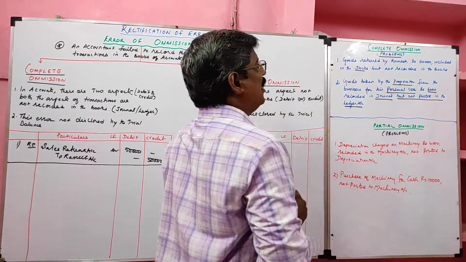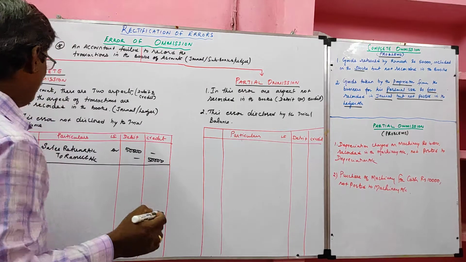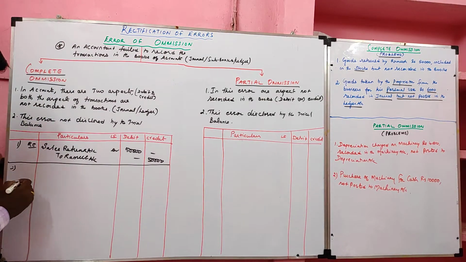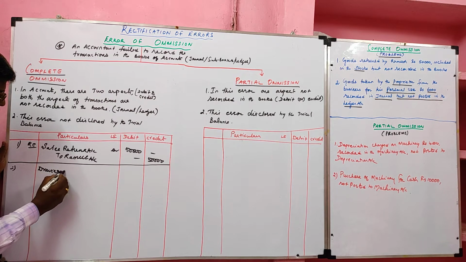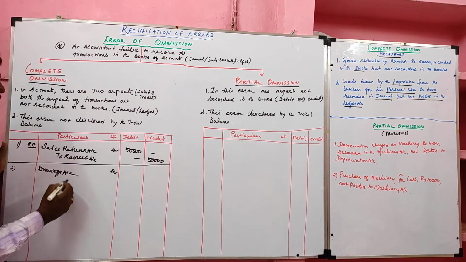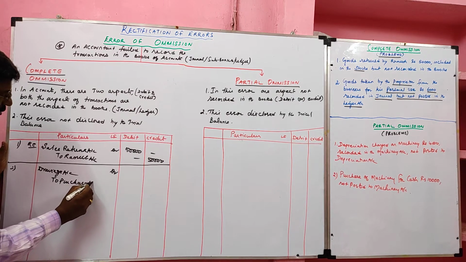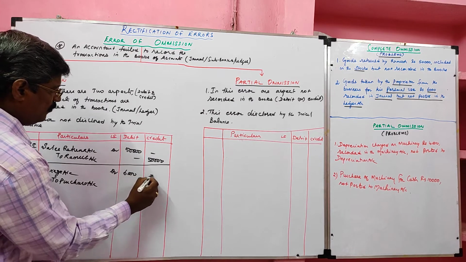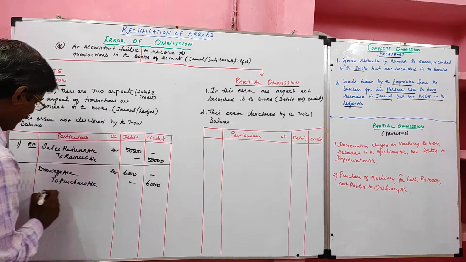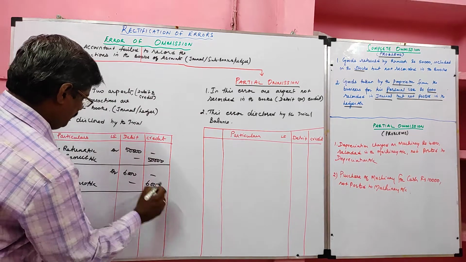This is also complete omission. Now we have to record the actual entry. The actual entry is drawings account debit to purchase. The value of the transaction is 6,000 rupees. Now the error is rectified.